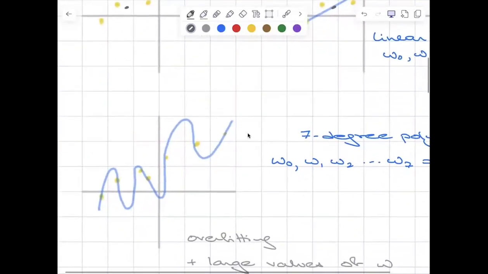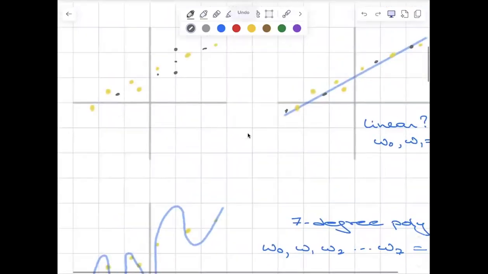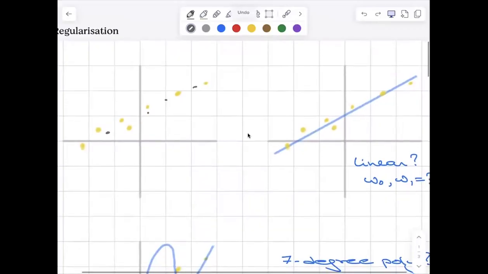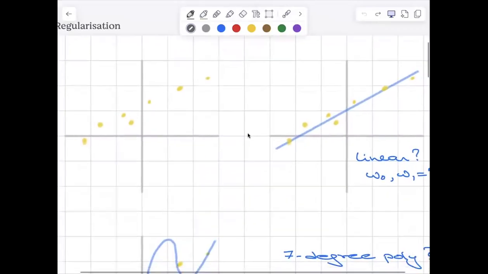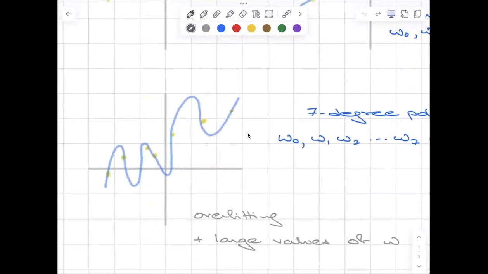But if I look at this model and I say, hey, here's my test point, the actual value is here, but the predicted value is way off. And this is a phenomenon that is called overfitting. In overfitting, we've come up with a model that has literally memorized the output values for the inputs, and that's all that it can do. In general, you want to avoid situations like this.